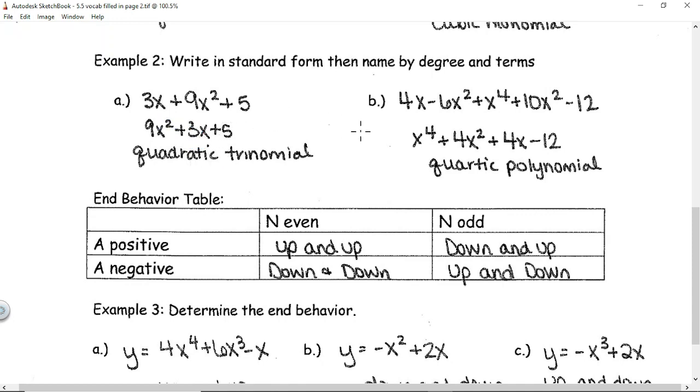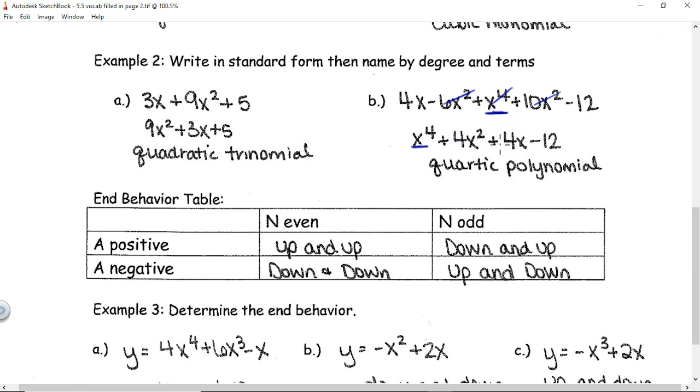Okay, so the next one, take a look at that. It has this x to the 4th, so that one went first. And when you're writing these down, you can cross them off as you go. So there's x to the 4th. And then you see this has 10x squared plus a negative 6x squared, so we have to combine those. That was 4x squared, which is what we have here.